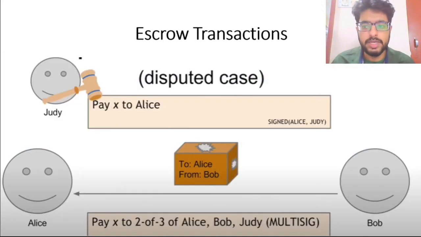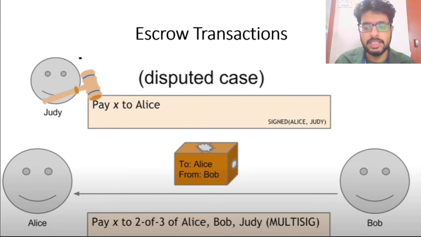But in case of a dispute, Alice doesn't want to pay until after she has received the goods. But Bob doesn't want to send the goods until after he has been paid. What can we do about that? A nice solution would be to get a judge involved, which in this case is Judy. Judy will decide which of these two is honest.